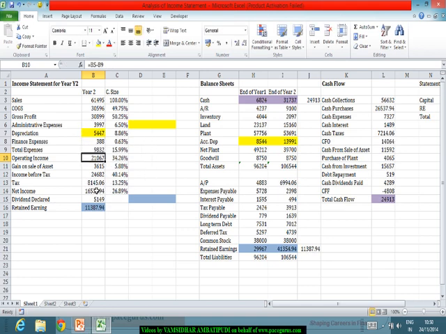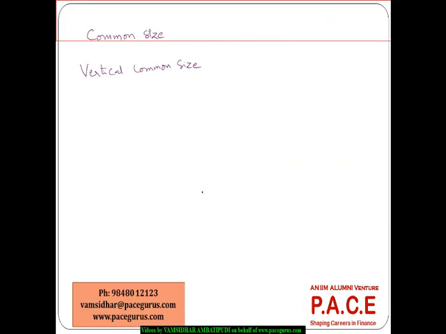Yeah, so this is what is going as a part of my net income 26.89, operating income is 34.26, gross profit is 50.29. Now if I am establishing all these numbers of the income statement as a percentage of the sales or the revenue, I call it the vertical common size.